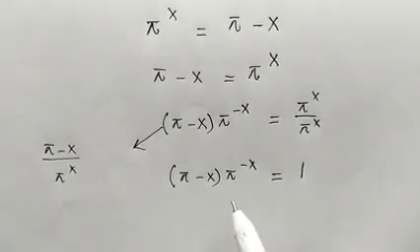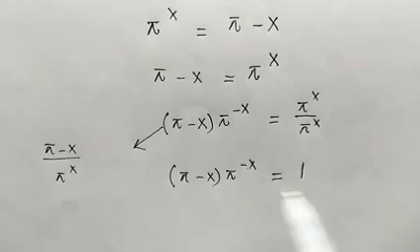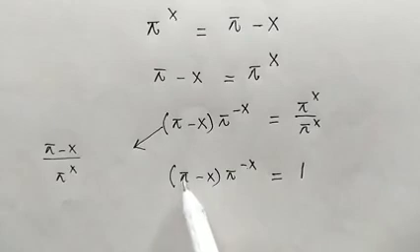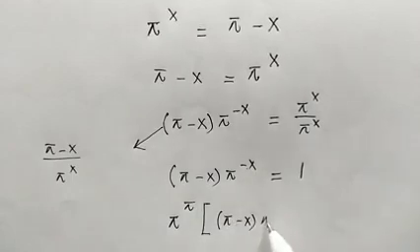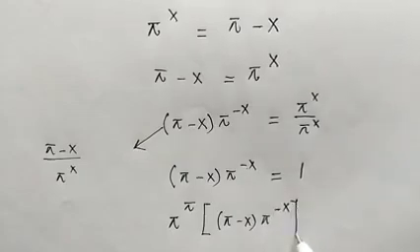Okay, so from here, we need to make the power of pi equal with the expression in the bracket. So we're going to do that by multiplying both sides by pi to the power of the number here, which is pi. So we get here pi raised to the power of pi multiplied by pi minus x times pi raised to the power of negative x.